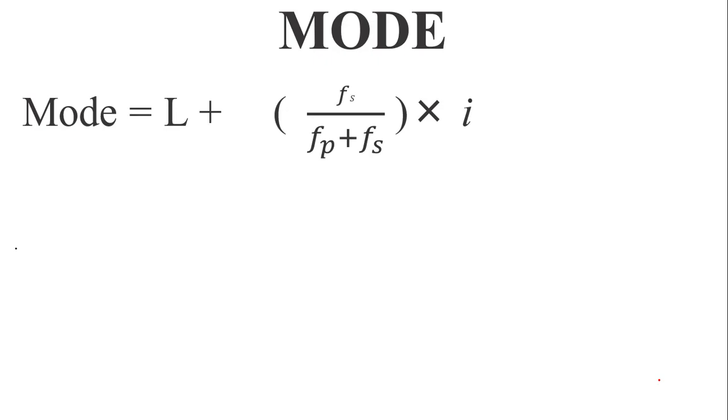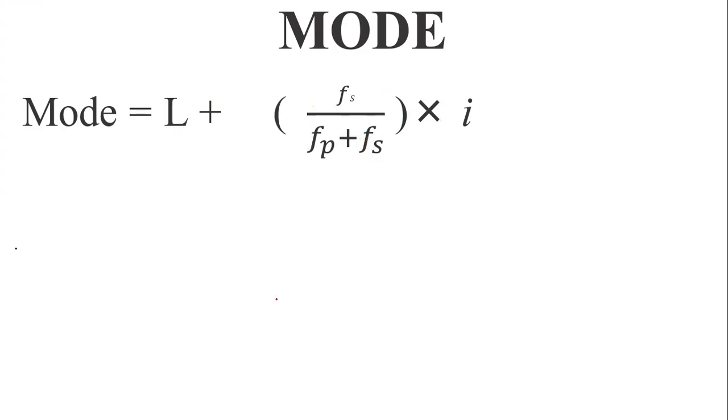There is a formula for calculating the mode. And this formula is mode equals L plus, open the bracket, Fs on the numerator, all over Fp plus Fs on the denominator, close the bracket, times I.